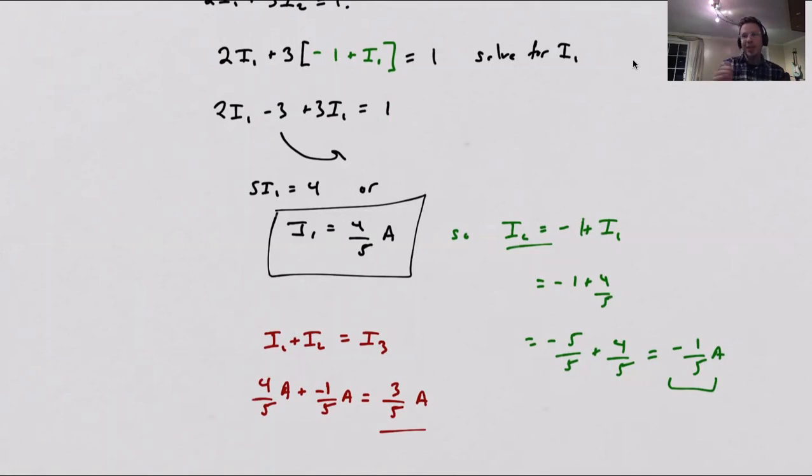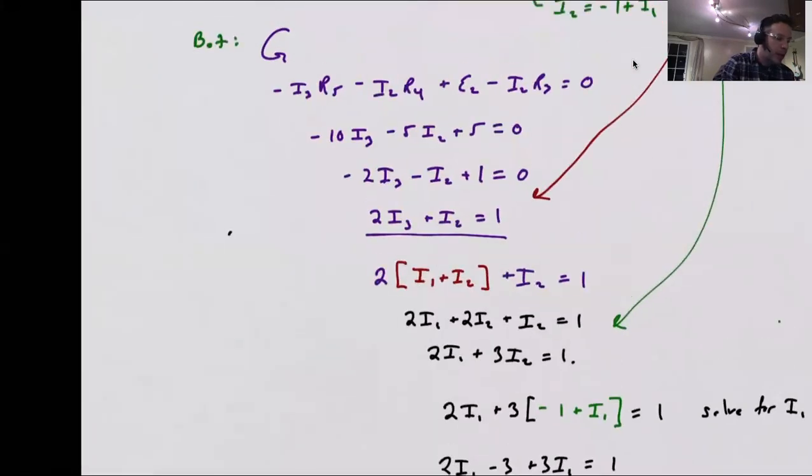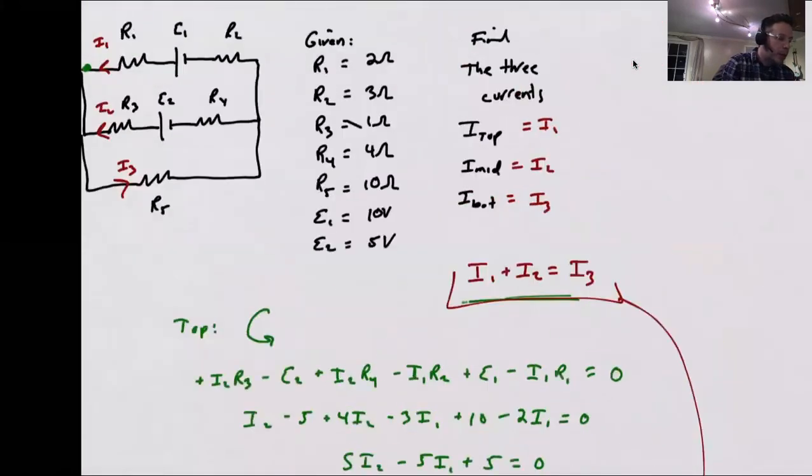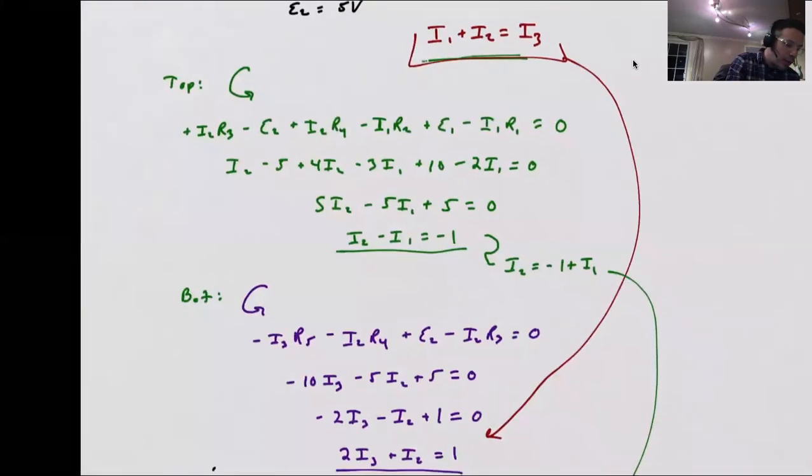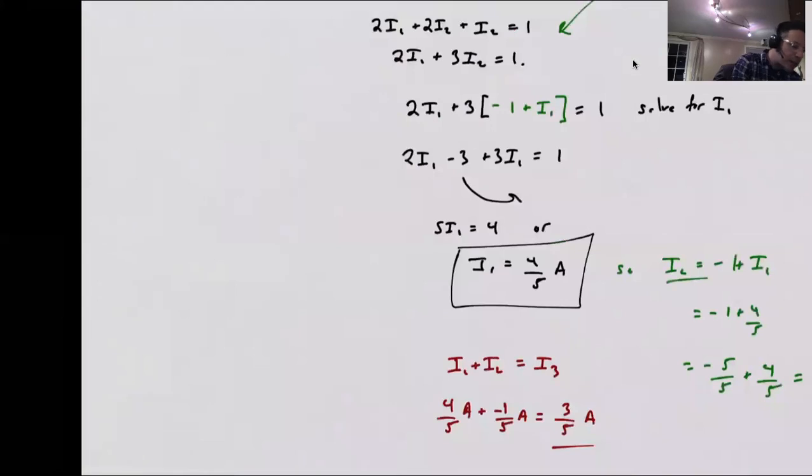Now let's pause and go back and say, well, what if we had drawn it properly? If we had drawn it properly, that means that I2 would have actually been going in this direction here. And if I2 was going in that direction, then what would our junction rule have actually been?